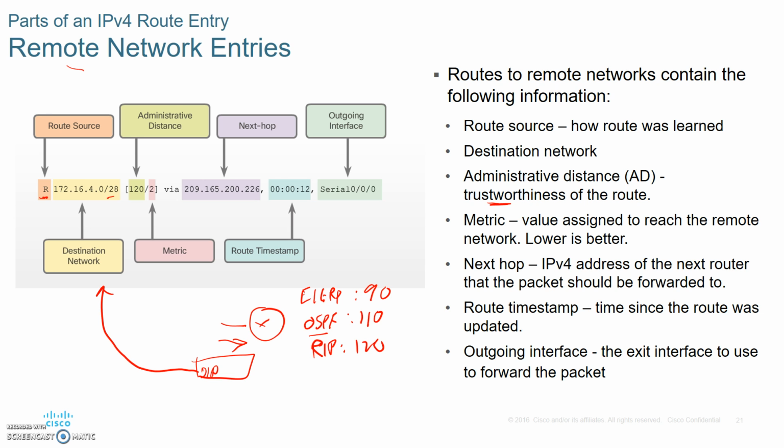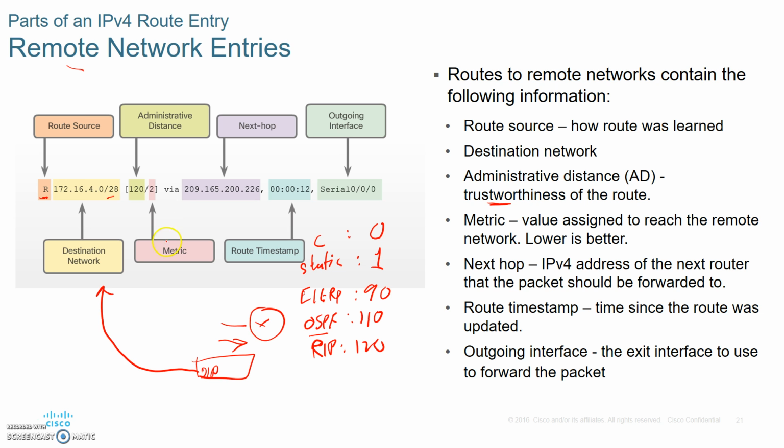For a static route, where the administrator configured a static route to the same network, I will believe the administrator, because the static route administrative distance is 1. For a directly connected network, the administrative distance is 0, because it's directly connected, it's just next to me. So this indicates the trustworthiness of the route.